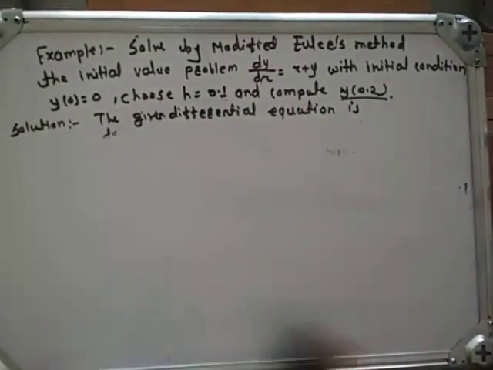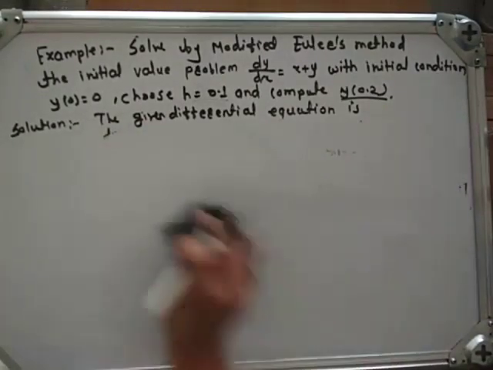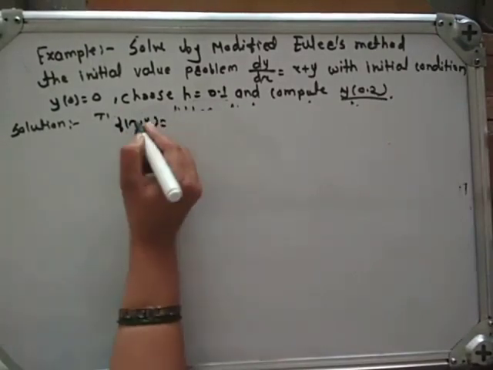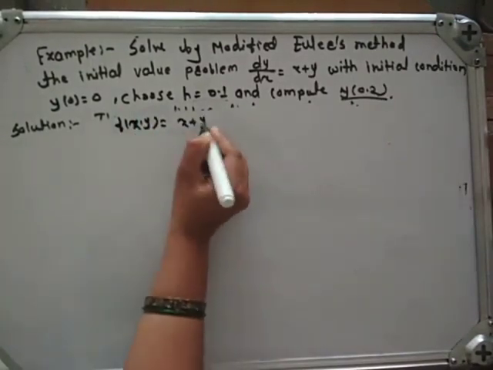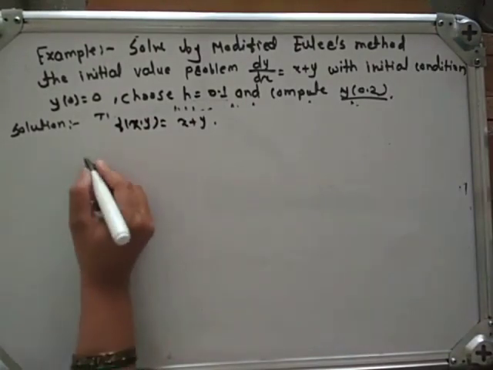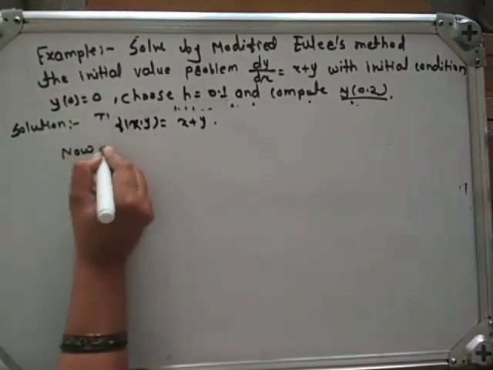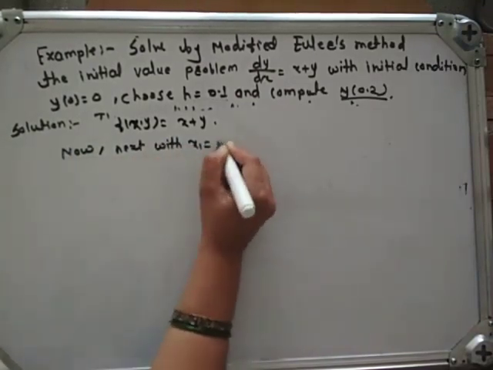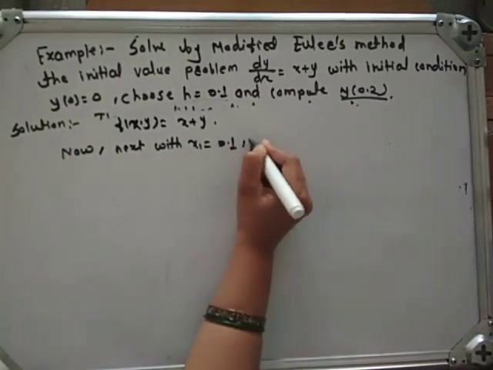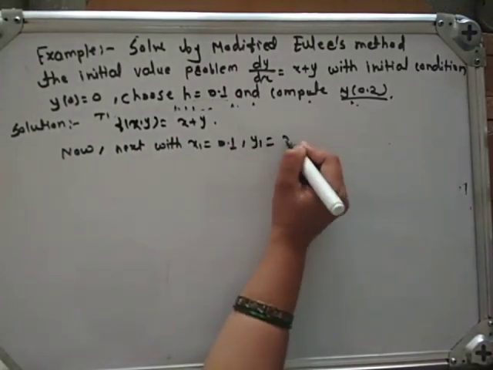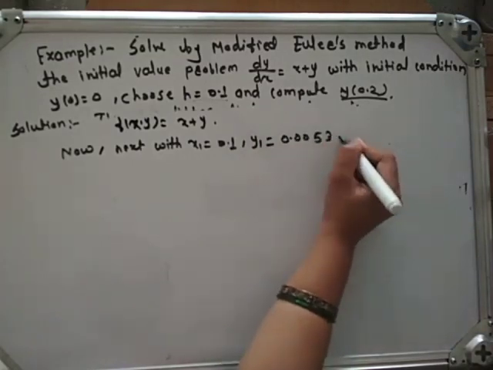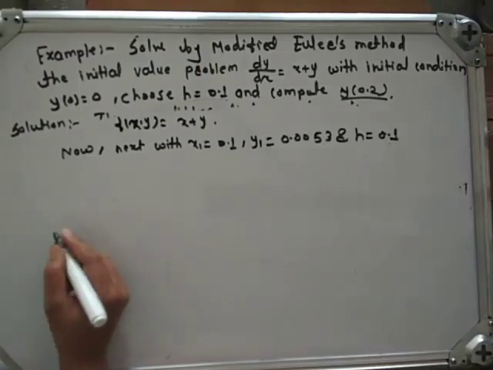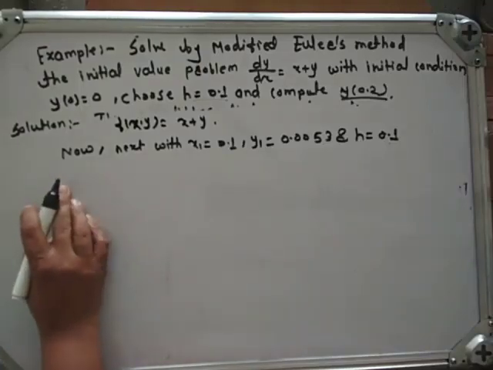Here I will just write down f of xy is equal to x plus y. In the next line, write down now x1 is 0.1. We have already calculated y1 is 0.0053 and h is given as 0.1. We continue the procedure to obtain y2.